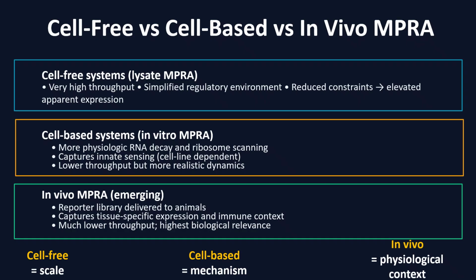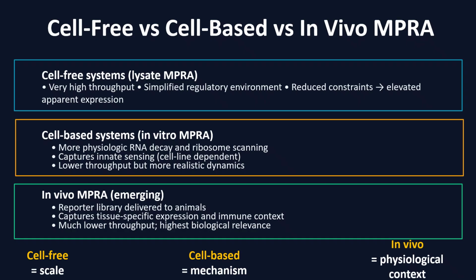Whereas cell-based systems introduce a more realistic environment. So here RNAs experience decay pathways, quality control, for example. And then we know that cells can detect foreign RNA and activate innate immune and stress responses.